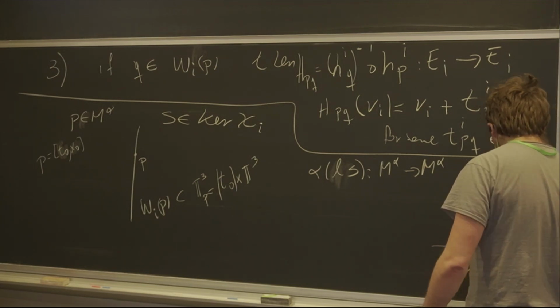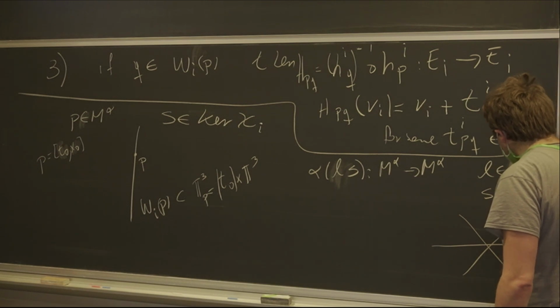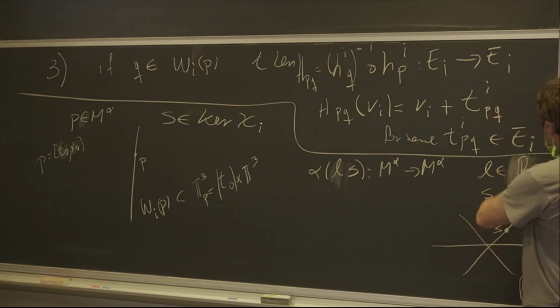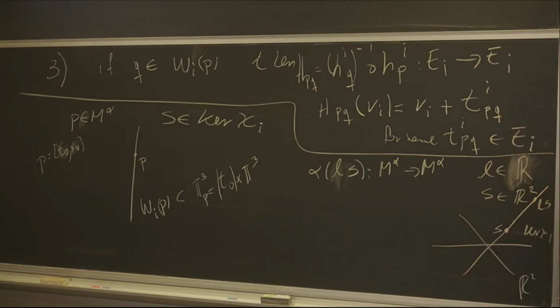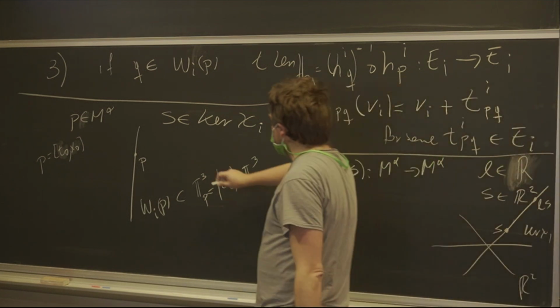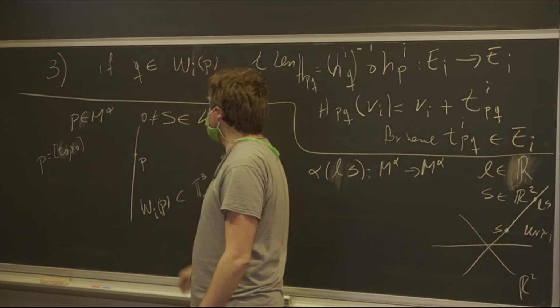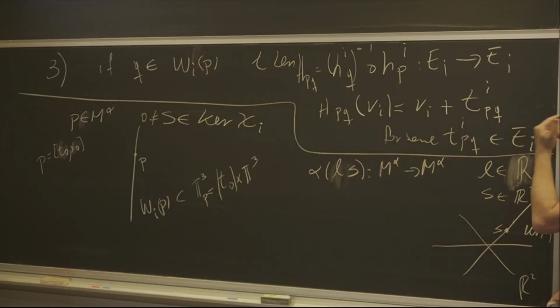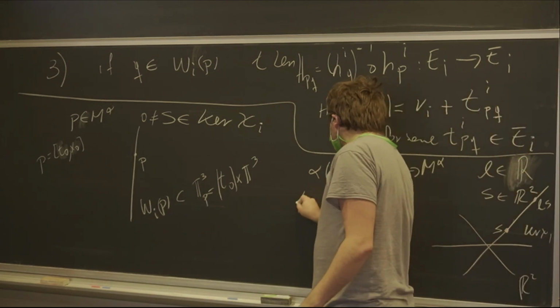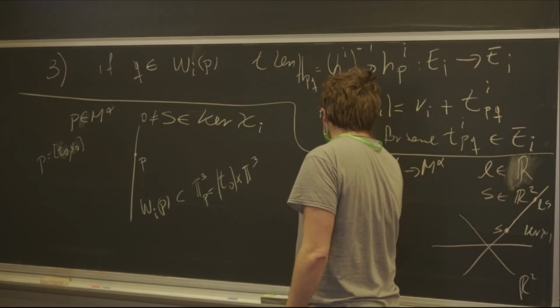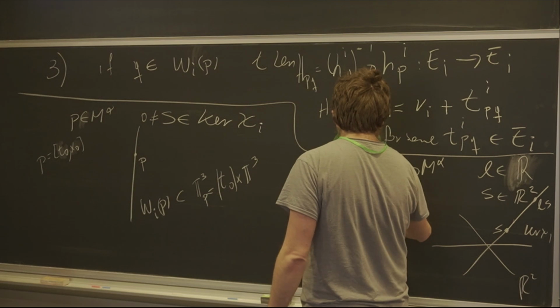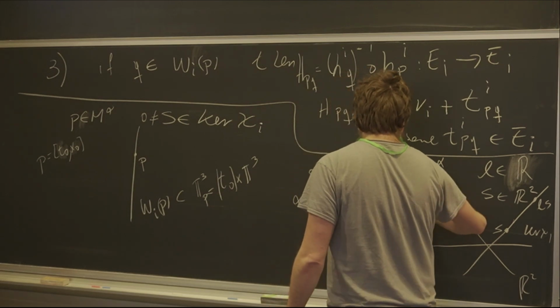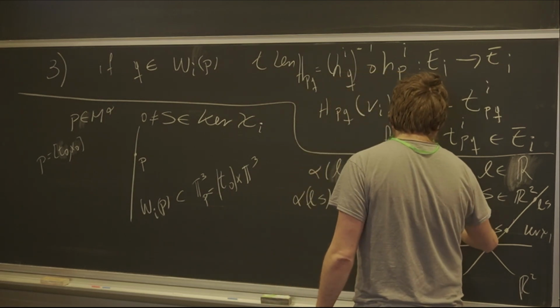So this is S, and then I'm moving L times S in some direction over there. S not 0, because S equal to 0 will not move at all. And then I'm looking at these dynamics. Now, when I restrict to the Wi of P, mapping Wi of P into Wi of alpha Ls of P.